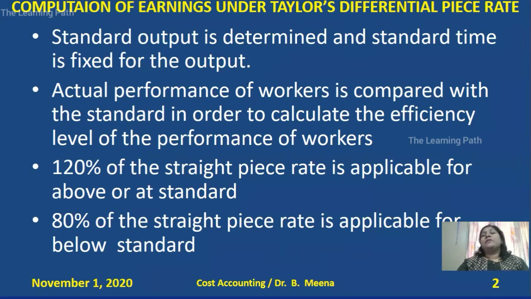So as per Taylor's differential piece system, if any workers are below the standard, they are eligible to get only 80% of the straight piece rate. If you find any worker's performance is at standard or above the standard, then he is eligible to get 120% of the straight piece rate.